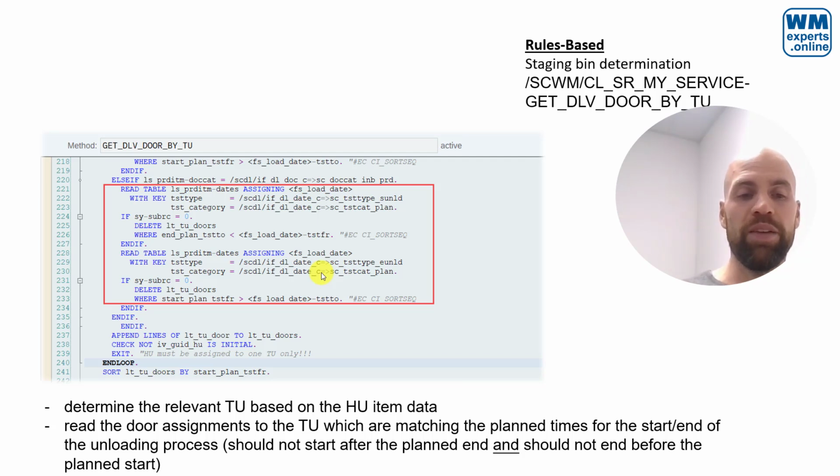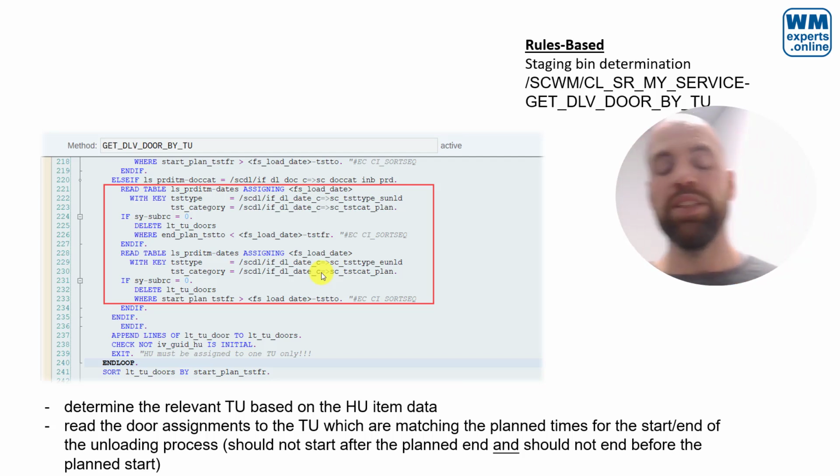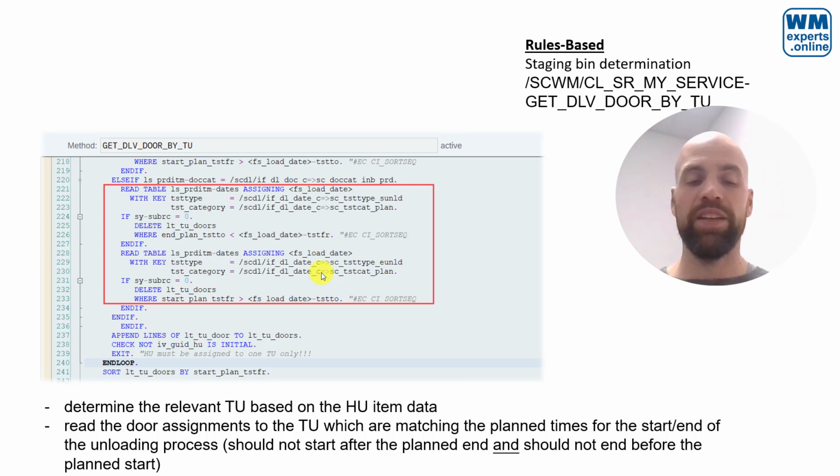And EWM then reads the door assignments to the TU which match the planned times for the start or the end of the unloading process. So the door assignment should not start after the planned end of the unloading, and it should not end before the planned start of the unloading process.